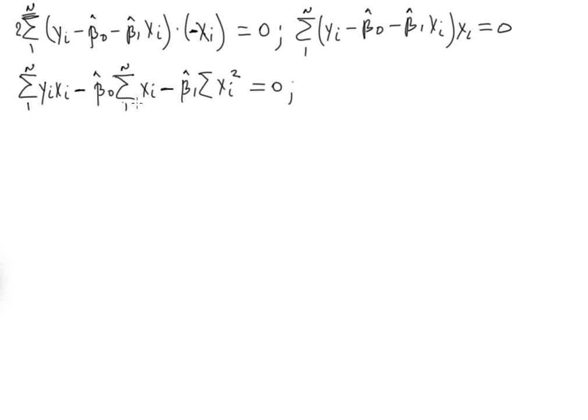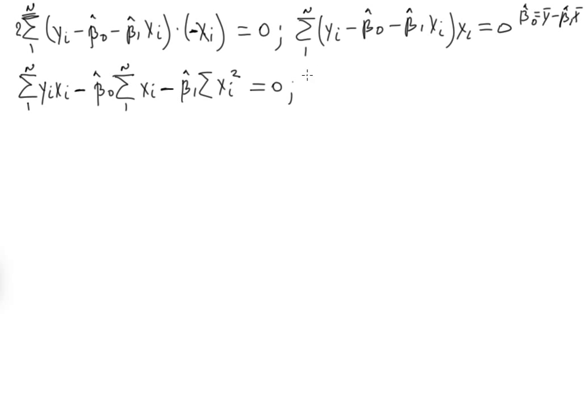Now, what to do next? I have betas, which are unknowns. They can be put on one side of the equation, so let's do that. Let's bring this to this side, then replace beta 0 hat with the result from the earlier results for the beta 0 estimation. If you remember, beta 0 hat was equal to y bar minus beta 1 hat x bar.